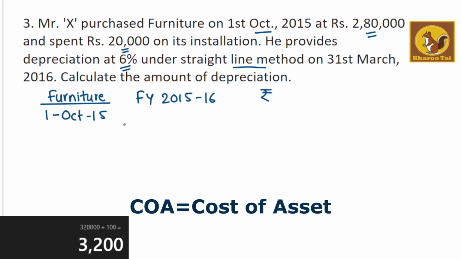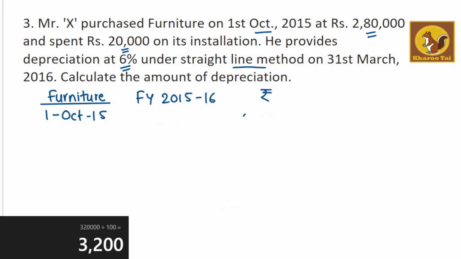Furniture. Cost of acquisition will be, will it be 2,80,000? No. As per accounting standard 10, the cost of acquisition will be 2,80,000, that is the purchase price, plus all the expenses incurred to bring the asset in its working condition.